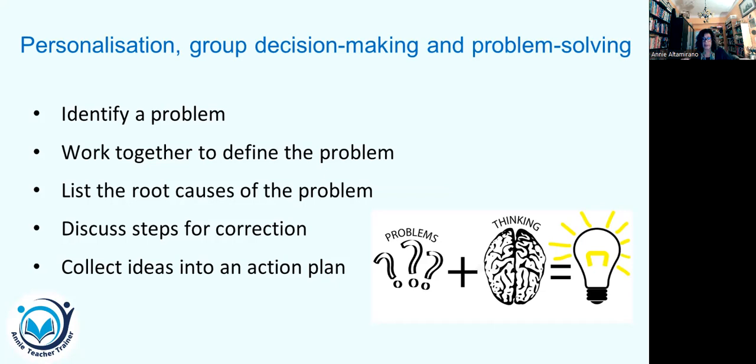Then you can divide the class into pairs, groups, or teams, and ask them to list the root causes of the problem. Ask them to identify 2 or 3 causes that seem appropriate to the task, and they discuss the steps for their correction.